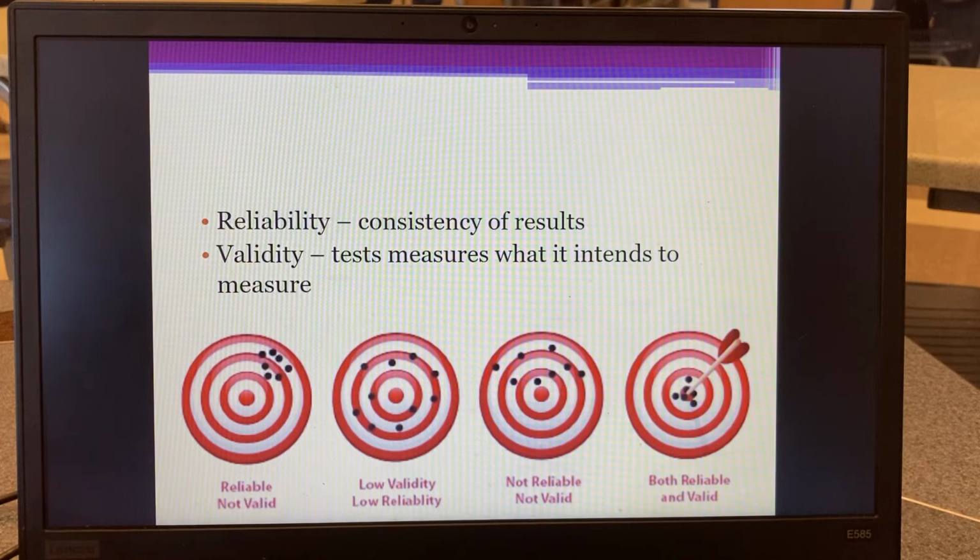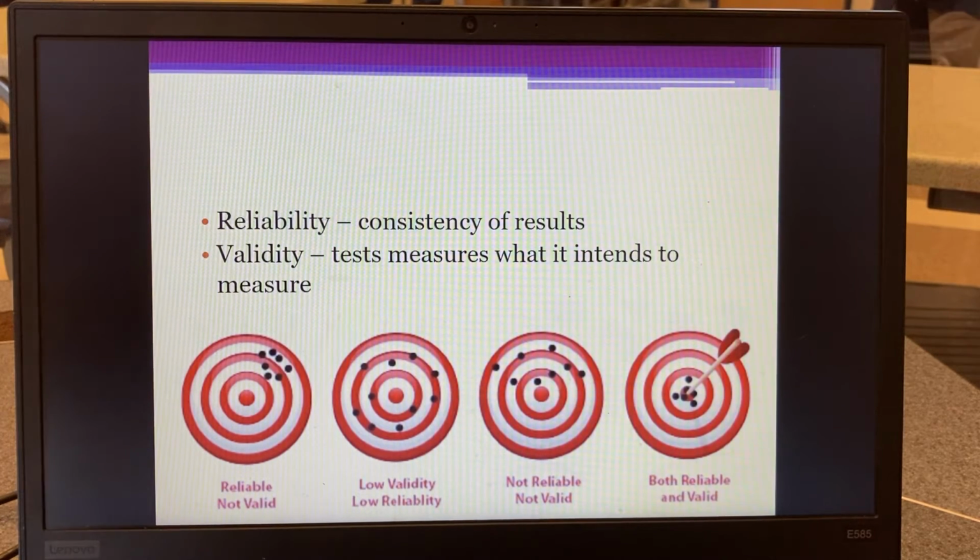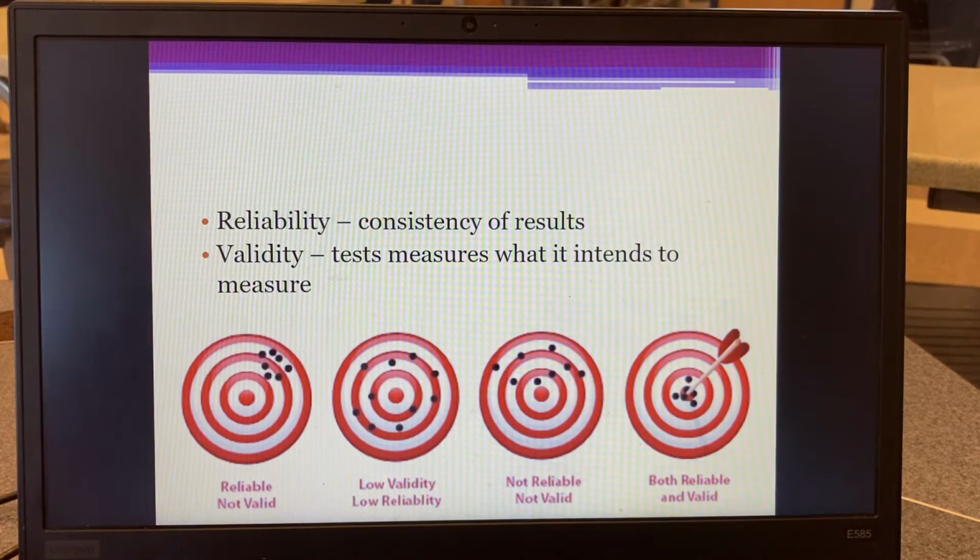So where does it measure? Is it valid? Did it actually answer the questions that I wanted it to answer? Or was it completely off target? Everybody got about the same. However, we've got to work on getting the right information.